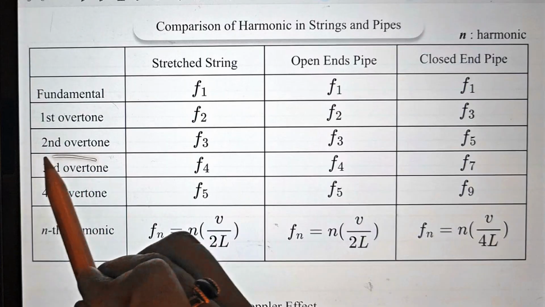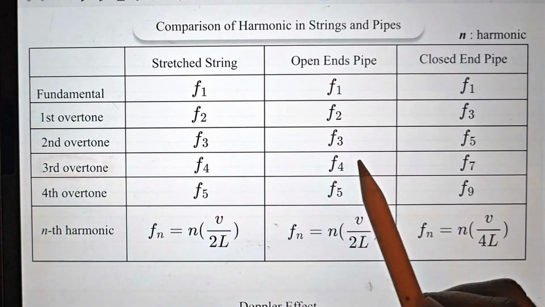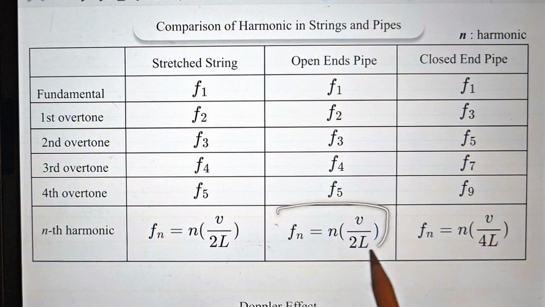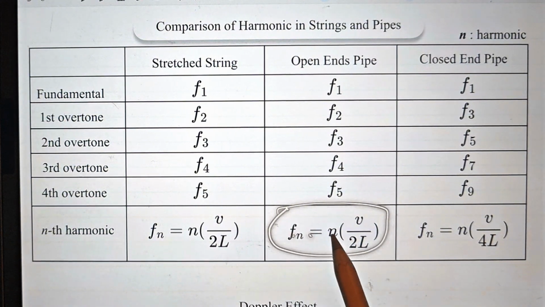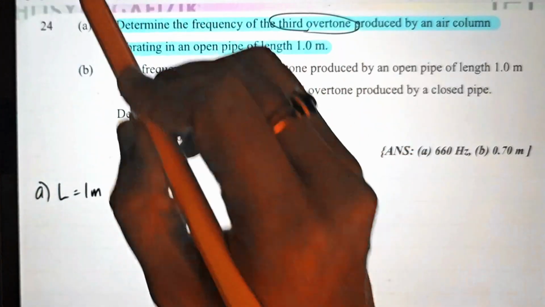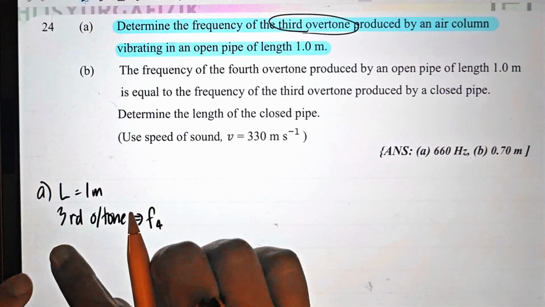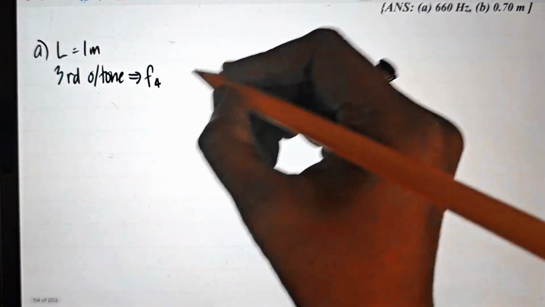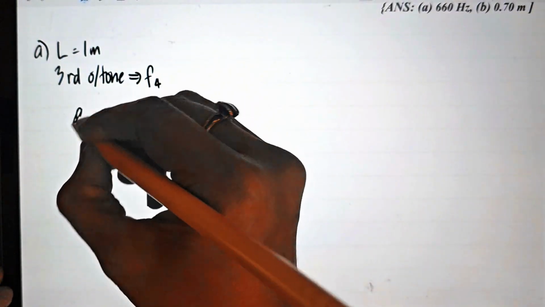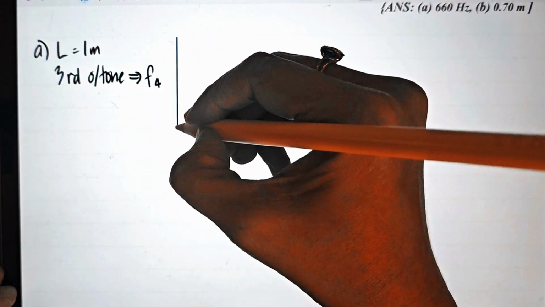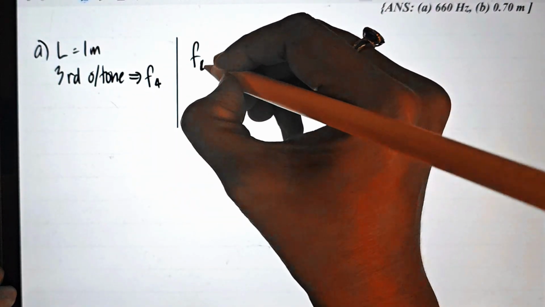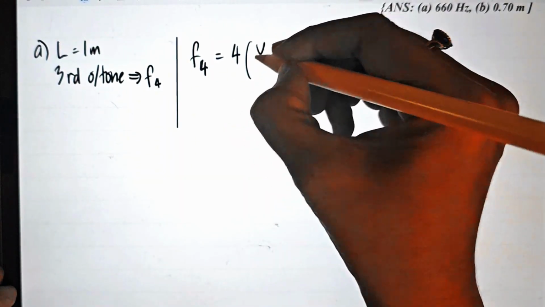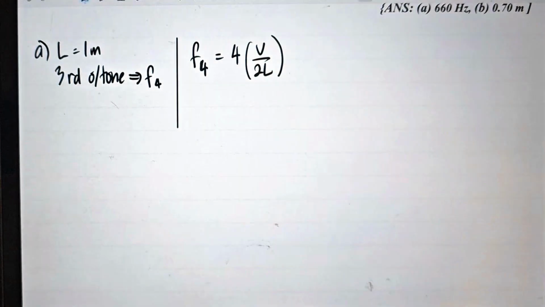You can see that the third overtone is F4, and the equation is Fn equals to nV over 2L. So F4 equals to 4V over 2L.